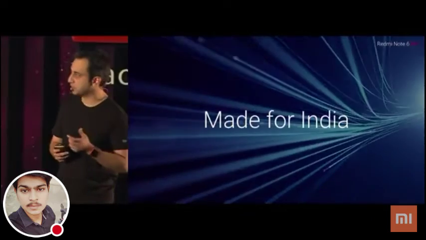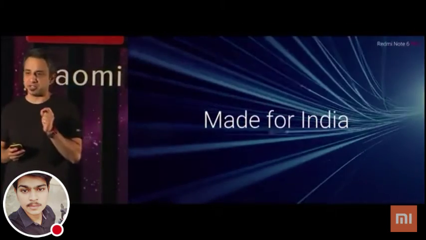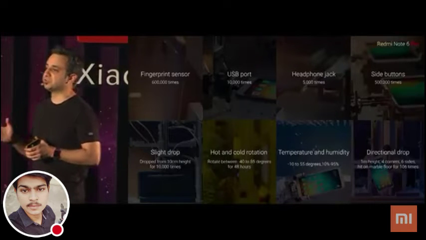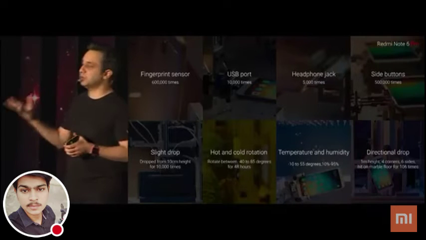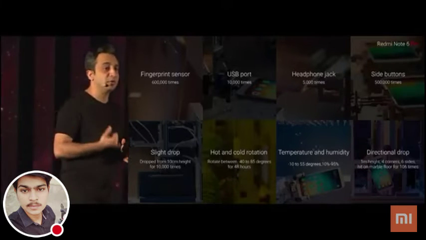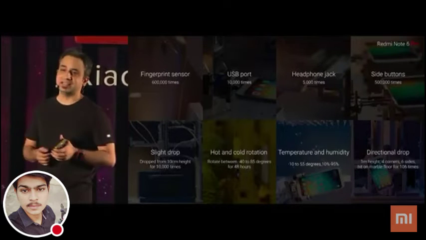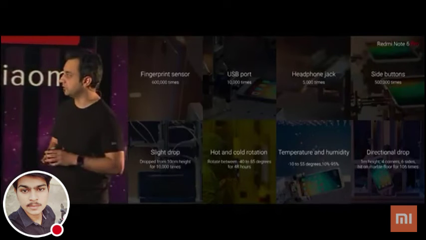Of course, we've spoken about this. Quality continues to be our top priority when we are launching devices. In fact, we do a whole bunch of tests for every device that we have. For example, fingerprint sensor is tested for about 6 lakh times, or the USB port is tested 10,000 times in terms of how well it can stand up to wear and tear.